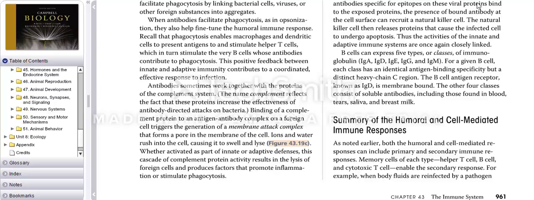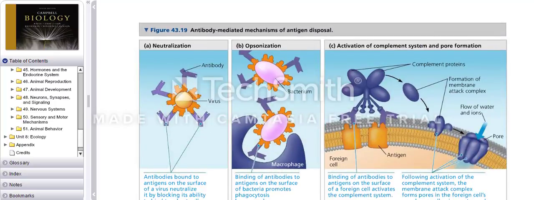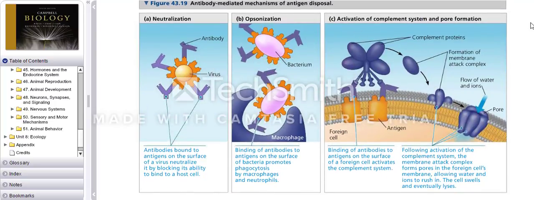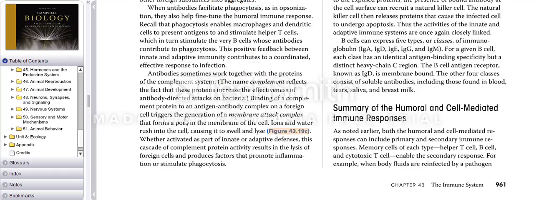So it says this positive feedback between the innate and adaptive immunity contributes to a coordinated, effective response to an infection. And up here in the third section, we see activation of a complement system and pore formation. So it's described down here.